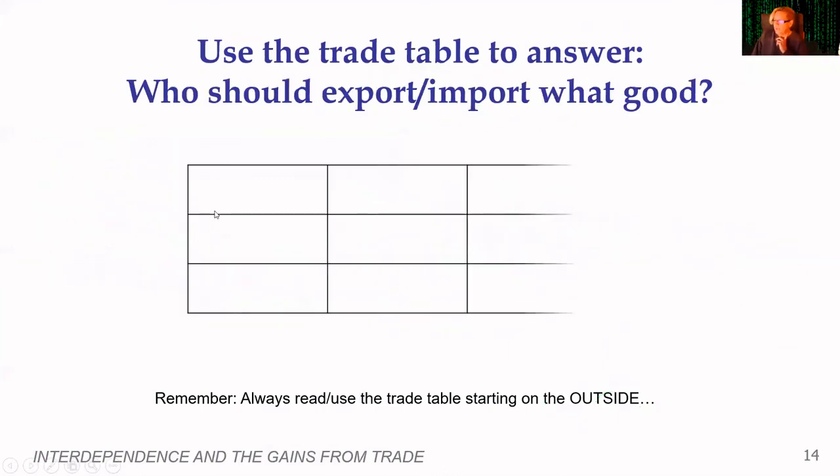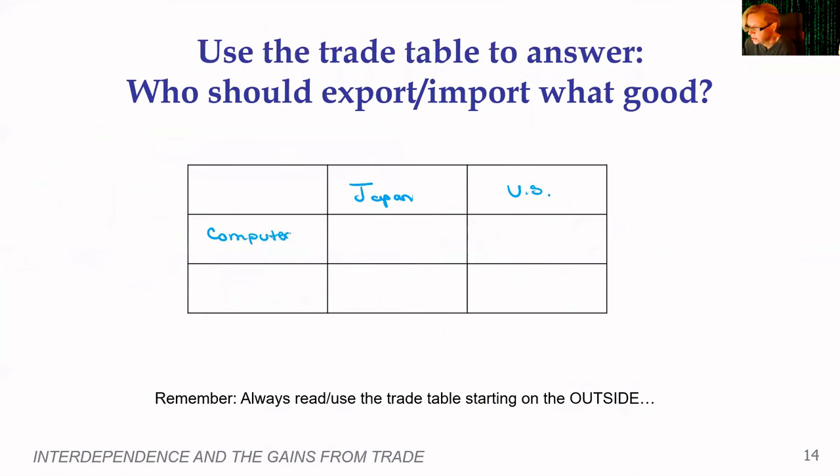Okay, who should export and who should import which good? So let me go ahead and put this in again. This time I'll put Japan over here, why not? And the US over here. And I'll still put computers here, and wheat over here. So every time 1 computer, we give up 5 wheat, and 1 wheat, we give up 1/5 of a computer.